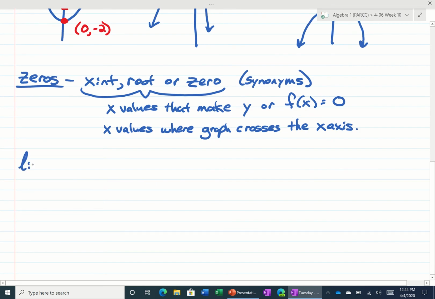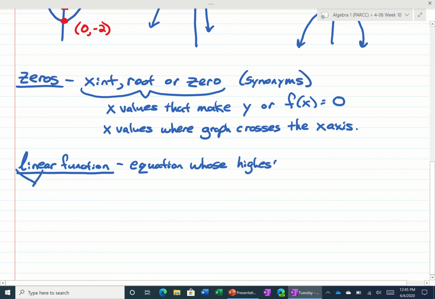Another definition is called a linear function. If you look at the definition, you can see that line is built inside of here. This is just an equation whose highest power of x is 1, and the graph looks like a line.